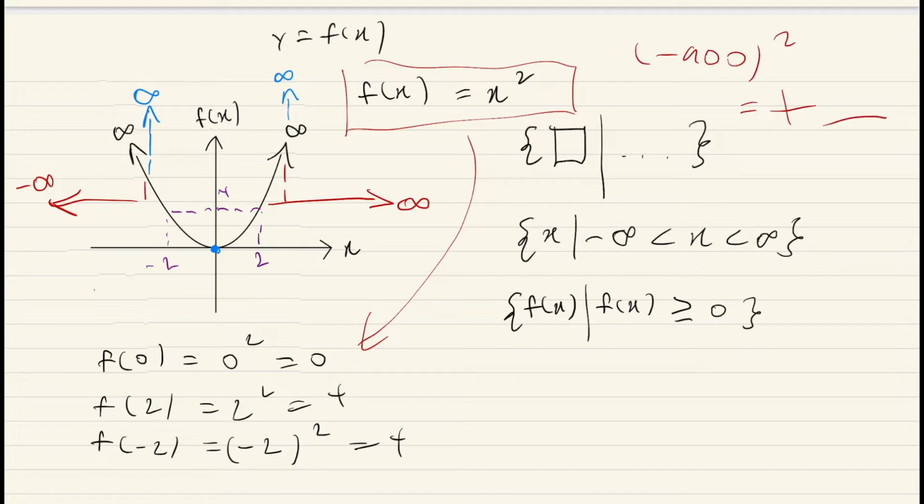It really does not matter how big. So the lowest possible value of y is zero, because f of 0 equals 0 squared, which equals 0. That's why it stops here at x equals 0 and y equals 0. So the coordinates here are 0, 0.